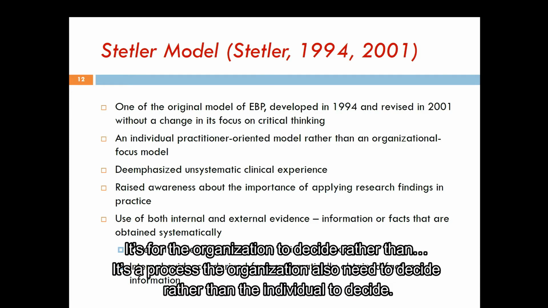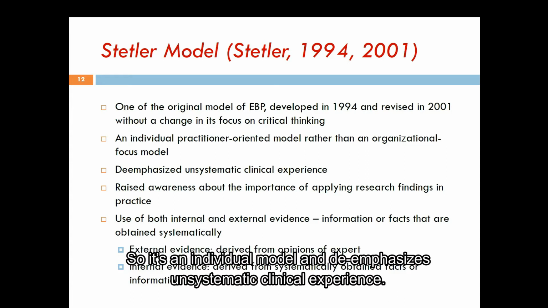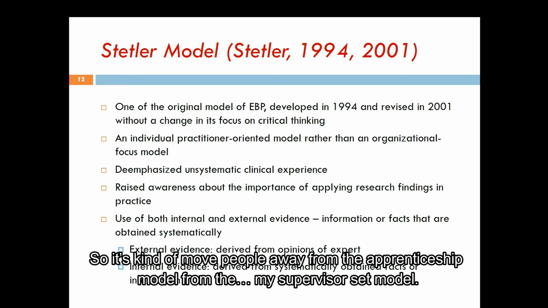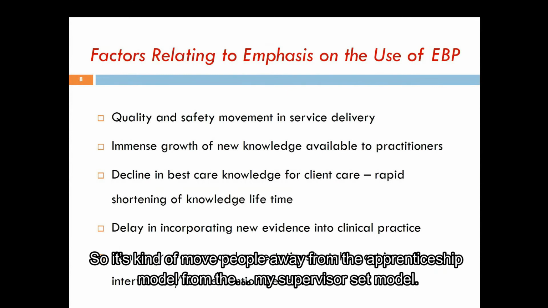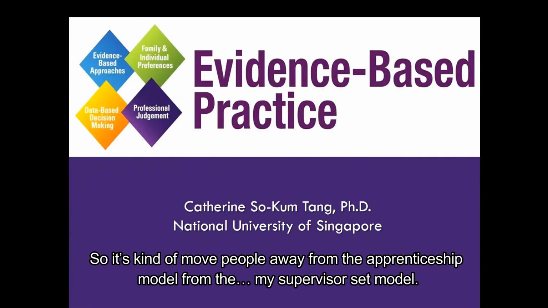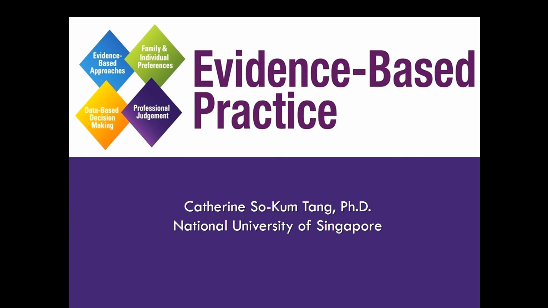It's a process the organization also needs to decide, rather than the individual deciding. So it's an individual model and de-emphasizes unsystematic clinical experience. So it kind of moves people away from the apprenticeship model, from the 'my supervisor said so' model.